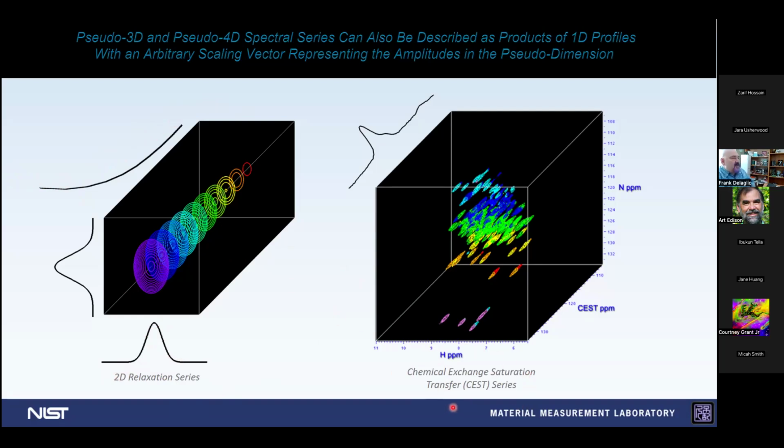Or we have a kind of experiment called chemical exchange saturation transfer, or CEST, where we measure a series of 2D spectra in a way that helps reveal dynamical states that can't be observed directly. The thing that both of these have in common is that they can be described by this signal model of the product of different 1D functions.